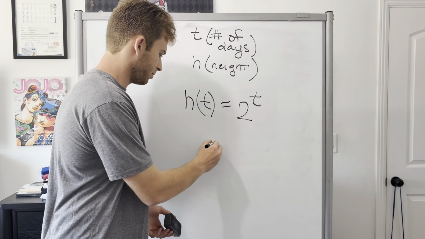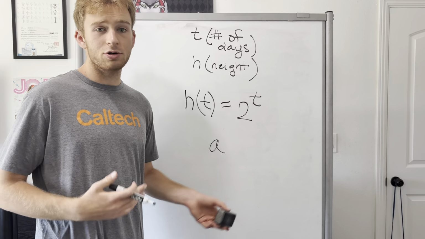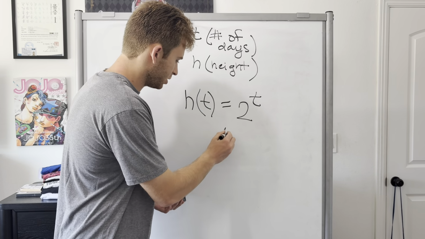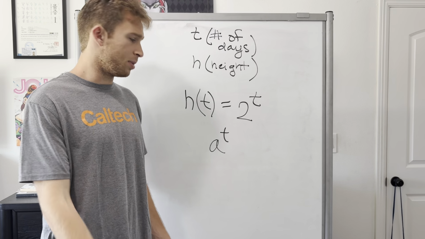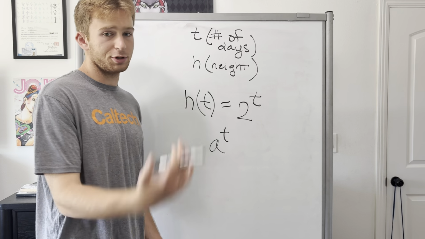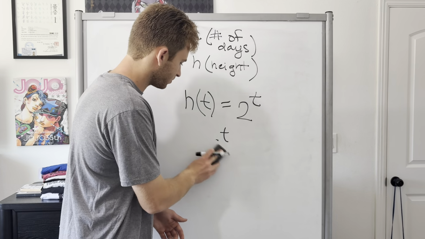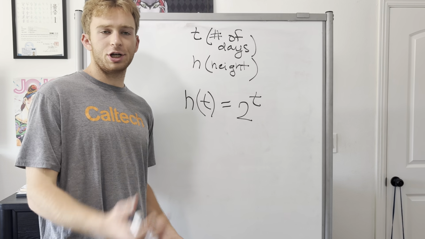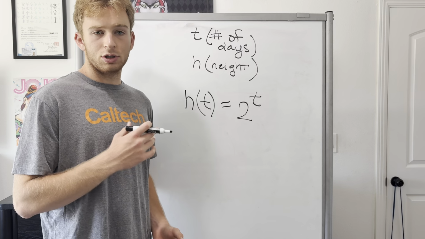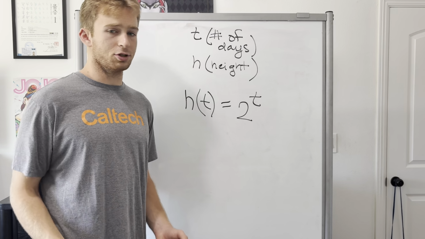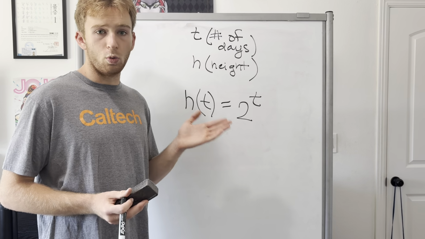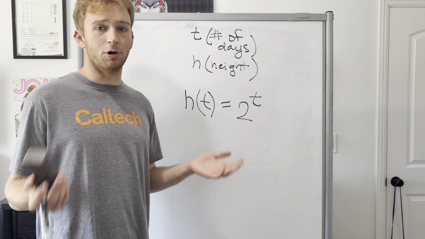You're going to have some value a, which is just a variable, and you raise it to your independent variable, and your dependent variable is going to depend on that. But that's what an exponential function is. It's just each increment that you go, you multiply by a certain amount. In this case, we multiply by 2 each time 1 increment of time has passed, 1 being 1 day.